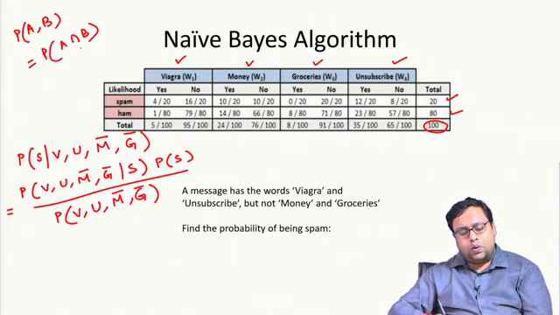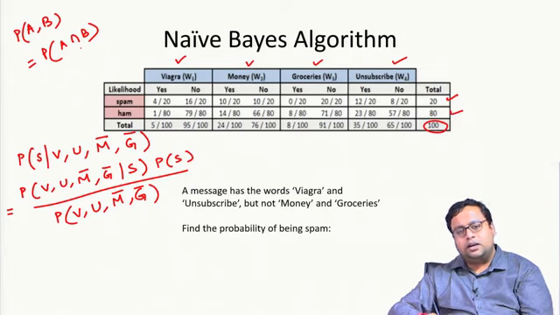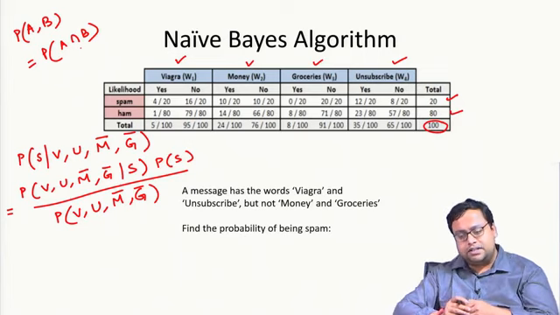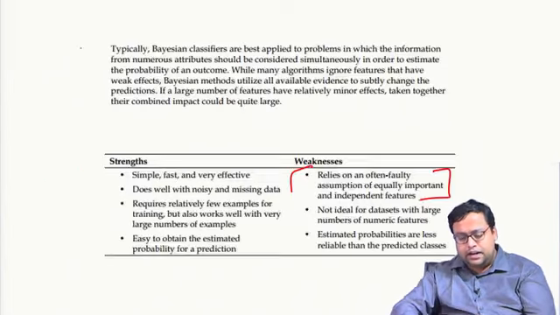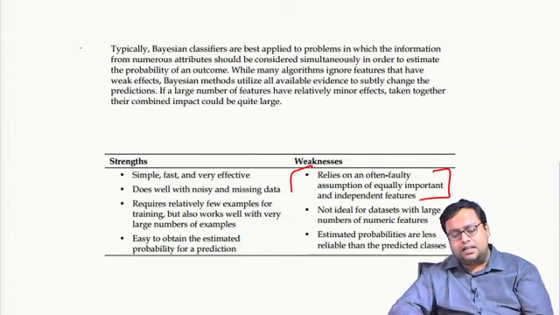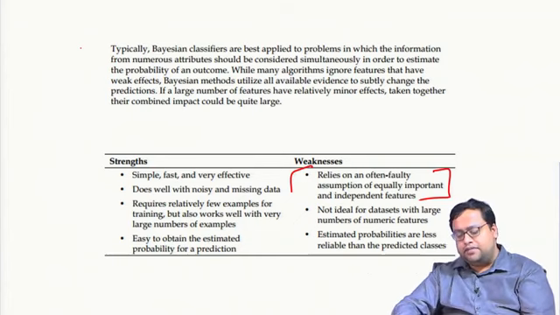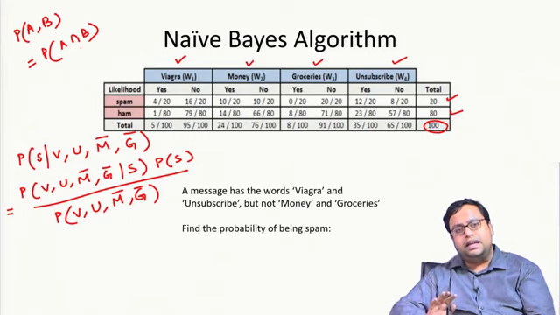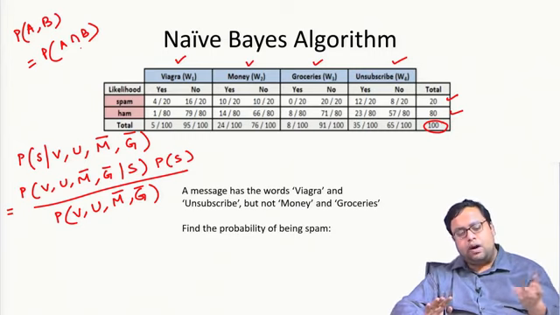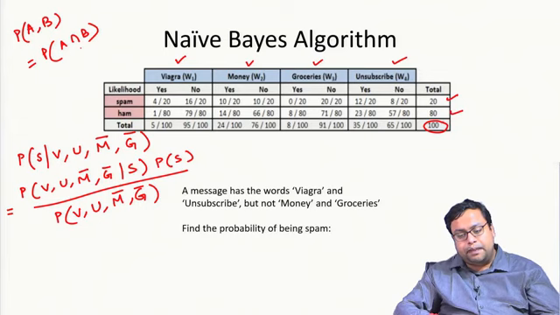Now, I do not have the value of V comma U comma M dash comma G dash. So, here the assumption comes in, and that is a failure: Naive Bayes relies on the often faulty assumption of equally important and independent features. So, we are bringing in that these features, which are the words, are independent of each other. Might not be the case; probably sometimes money, grocery or unsubscribe might be related.